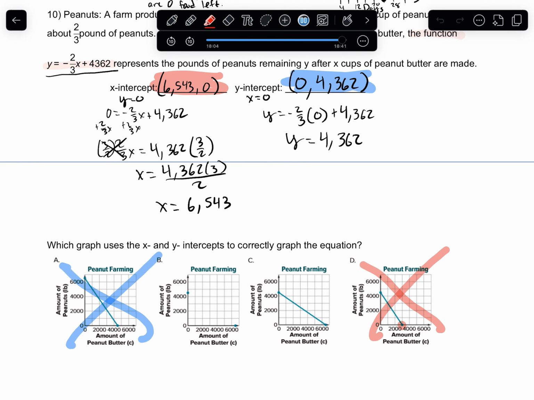So it's going to be either B or C. But we're told that it is a function, and this is a linear graph. So that means there has to be a line between them, because that's what a function is in terms of linear. So the only one that fits that description would be C. C is the only one that fits the description best.